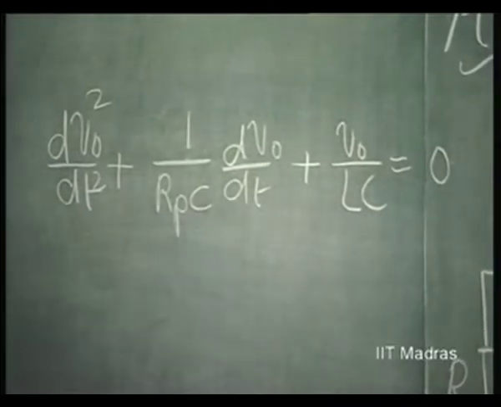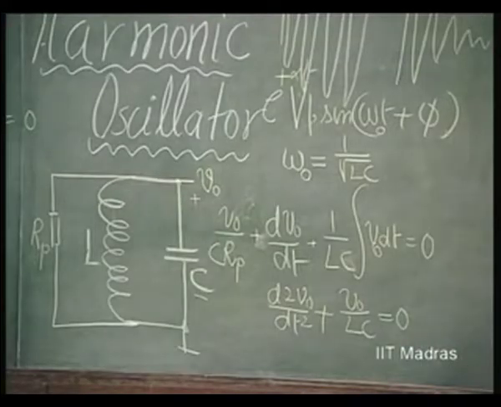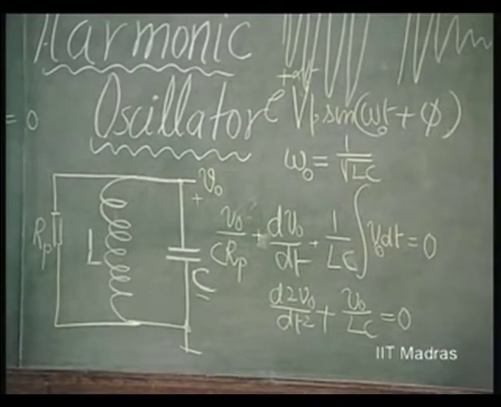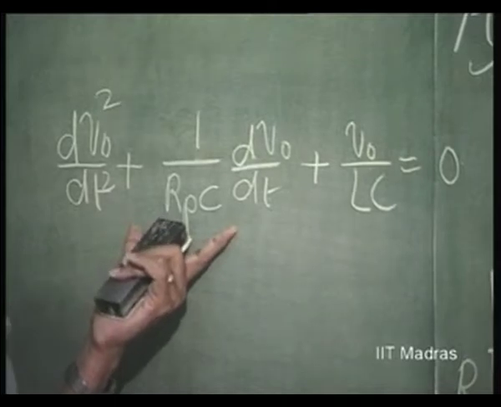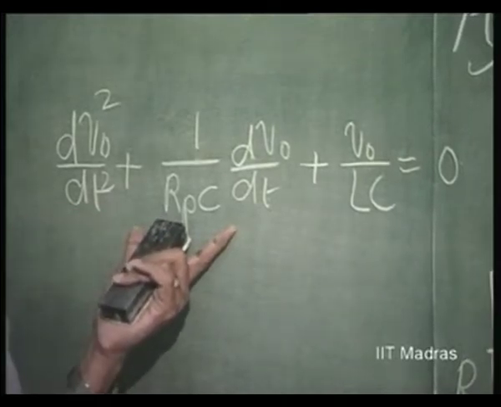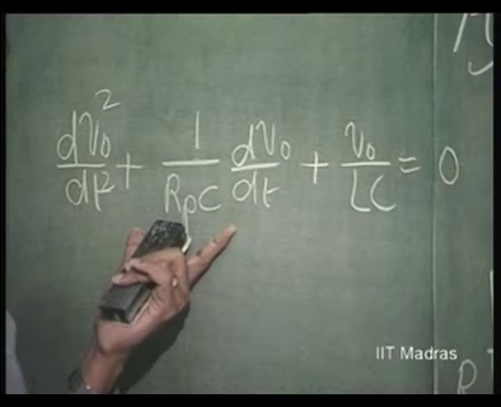So, how to make it an oscillator now? Because this is going to cause decay of whatever oscillation amplitude that exists. So, ultimately it will become 0.